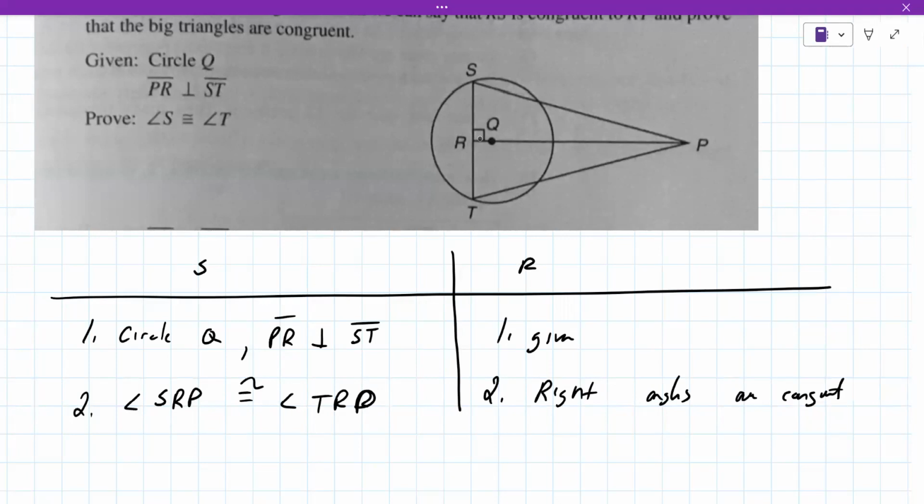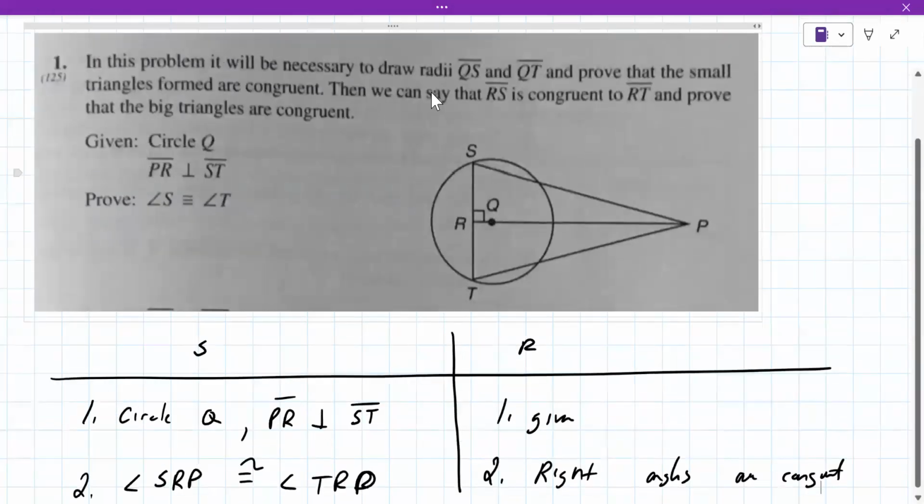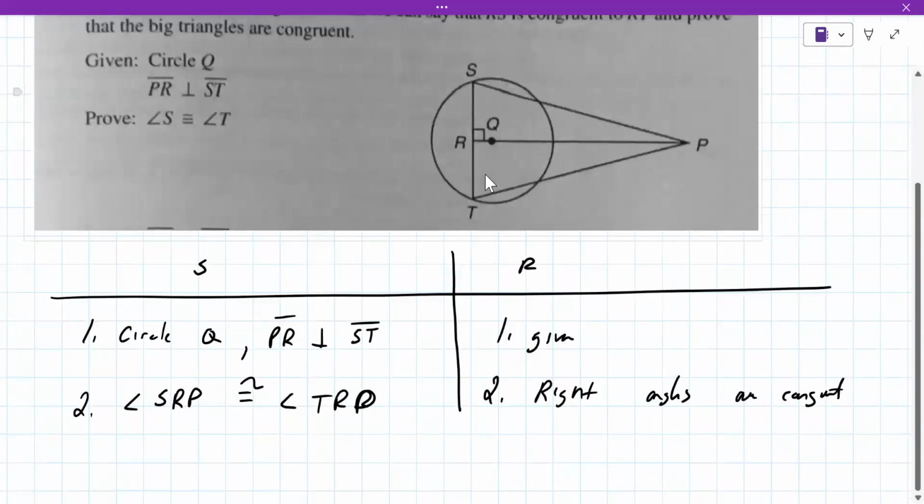Okay, now they don't give you very much here. So what you can do next is draw SQ like it says here, and QT, and those are also congruent.